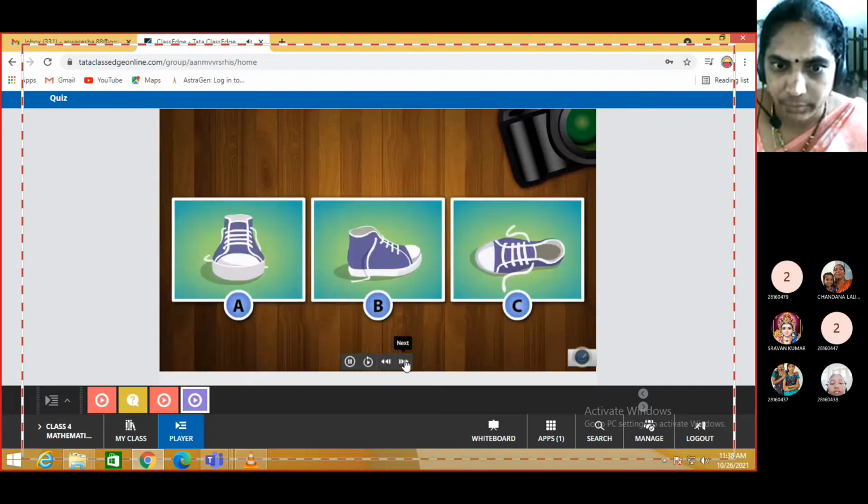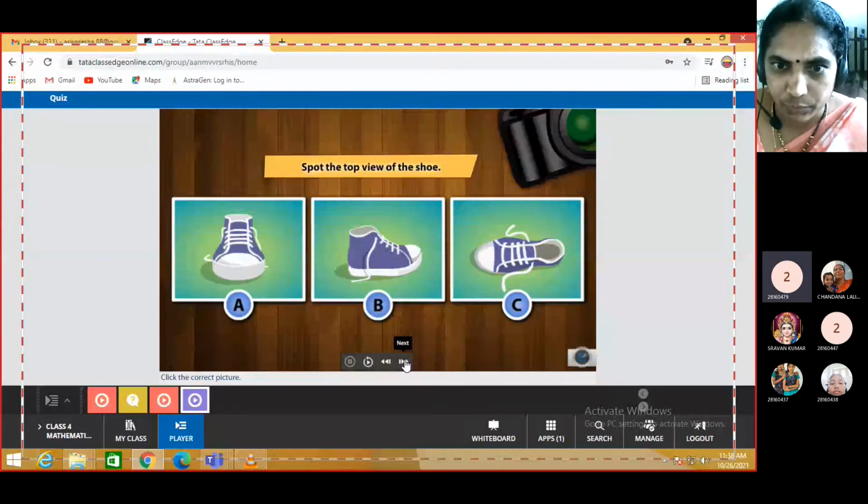Here are some pictures of Pasha's sports shoe. Which among them shows the top view? Click the correct picture. Now Pranav. Option C, madam. That's correct. This is the top view of the shoe.